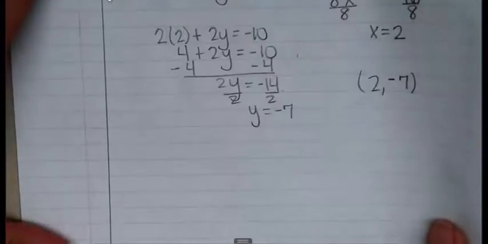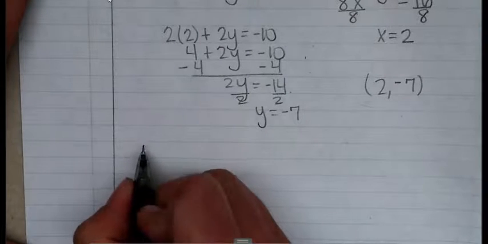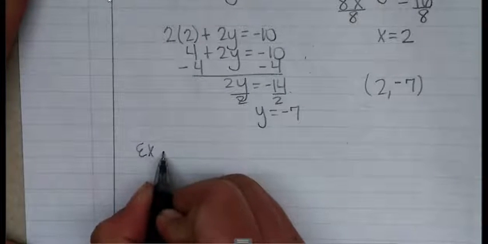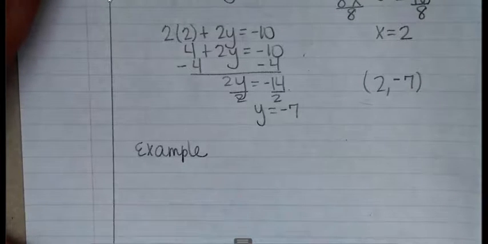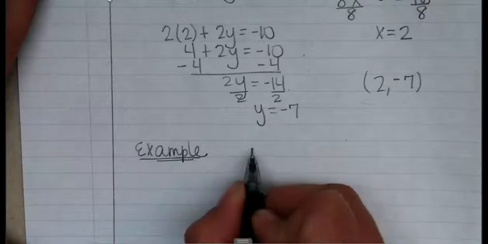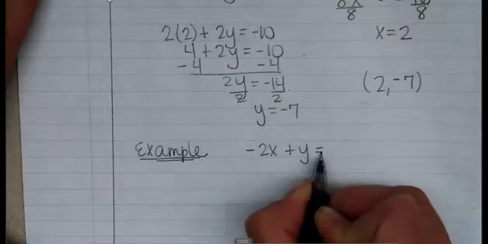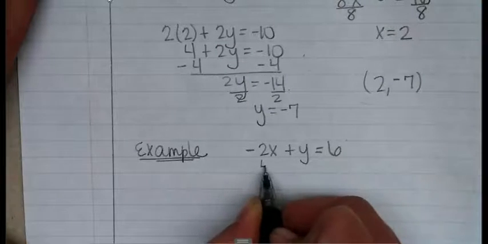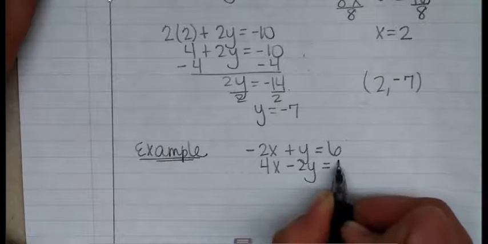Let me give you another example. I apologize, I wasn't going to use another example, but let's go ahead and do that because I want to show you where you might get some of these weird statements. So let's say, for example, I have negative 2x plus y equals 6, and 4x minus 2y equals 5.